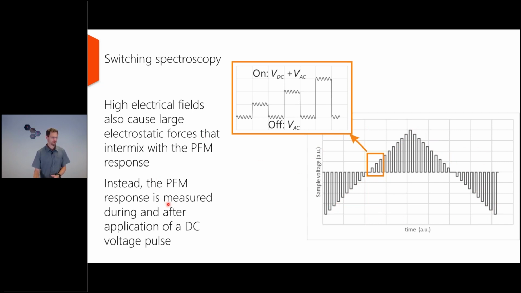So instead of measuring while you are applying a DC voltage, you measure after it, and many samples will get polarized by applying the voltage, but they don't depolarize immediately when you put the field back to 0.